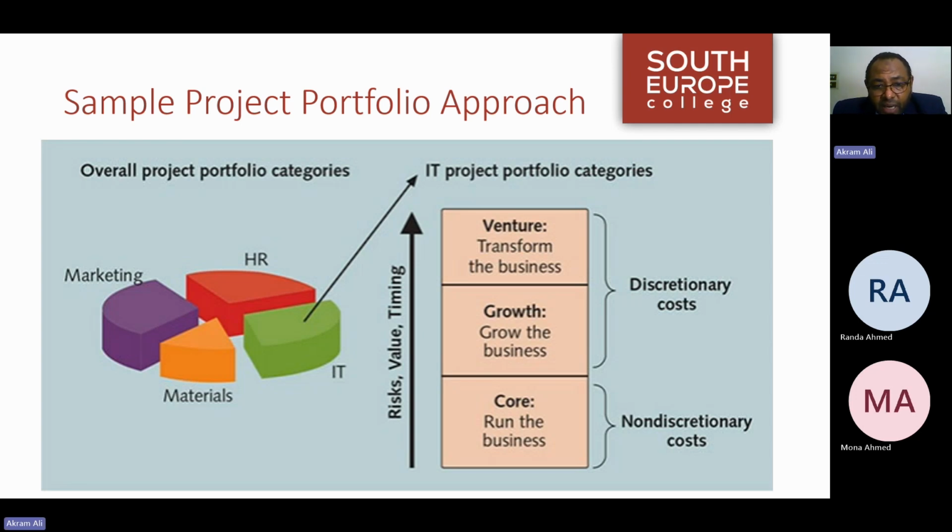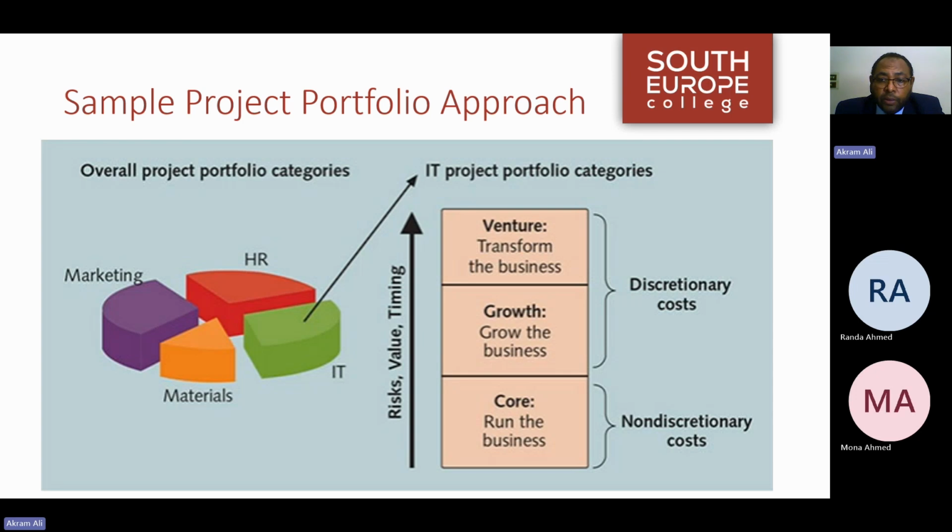And on the right side is a further breakdown of the IT project portfolio categories. So sections of the portfolio are then broken down to improve the management of projects in each sector.